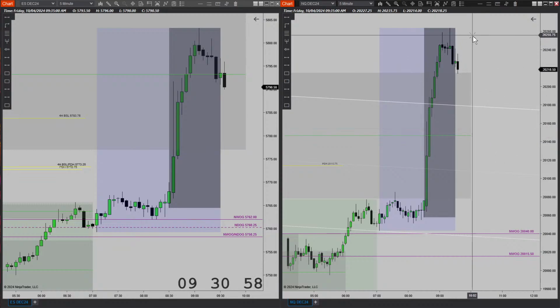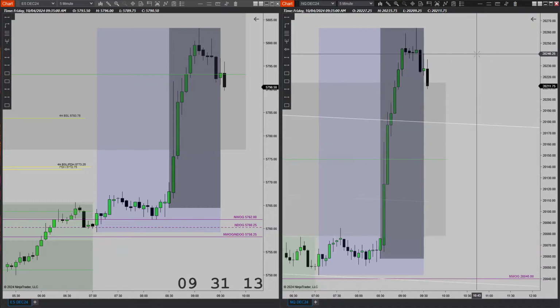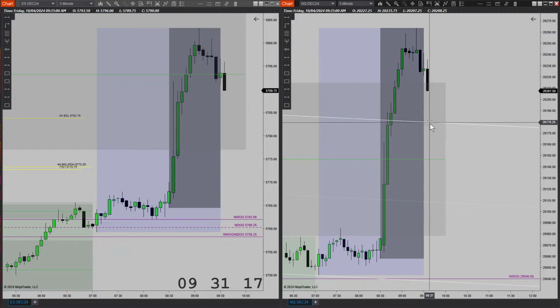So again, my stop is up here. If price comes down to these areas, I want to see an immediate, what's the word?